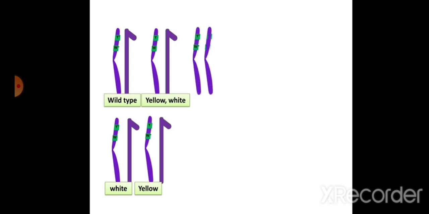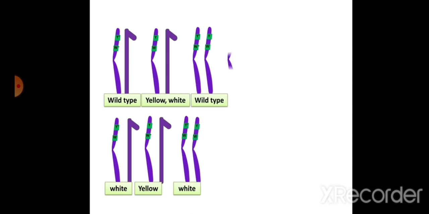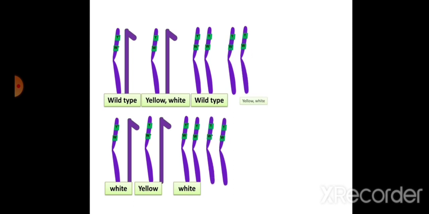Then the third offspring is a wild type female. In the second one we'll get a white female, and then the fourth, a yellow white female, and the last offspring a yellow bodied female. So in this slide I have shown you 8 offspring, 4 males and 4 females.